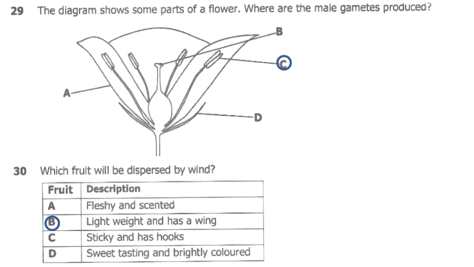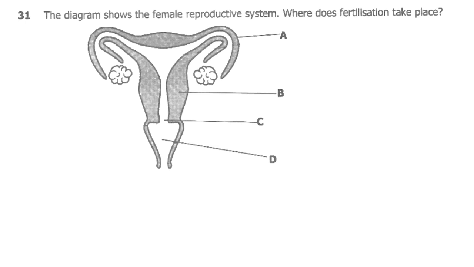Question number 32. The diagram shows 4 methods of birth control. Which one is a hormonal method? So in short, they're telling us which one deals with hormones, or which one stops, in the case of females, the production of estrogen.